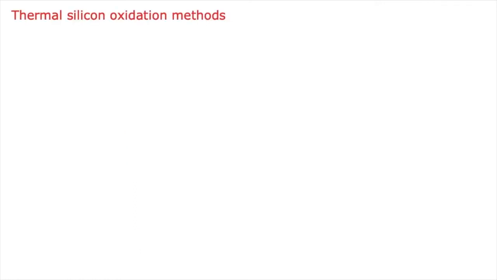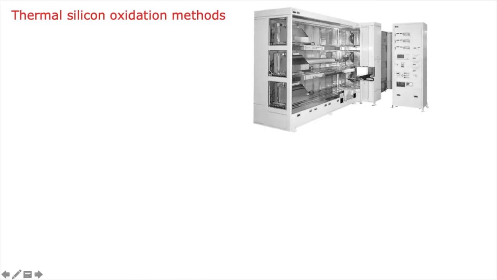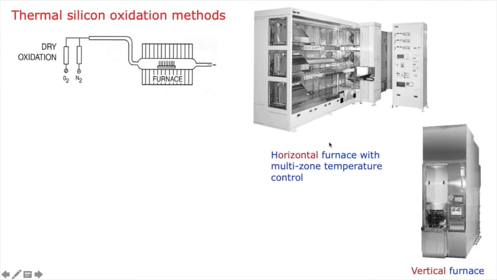What are the different methods for thermal silicon oxidation? This is typically the horizontal furnace. You have different zones, and you can use it for oxidation. You can use it for doping as well.